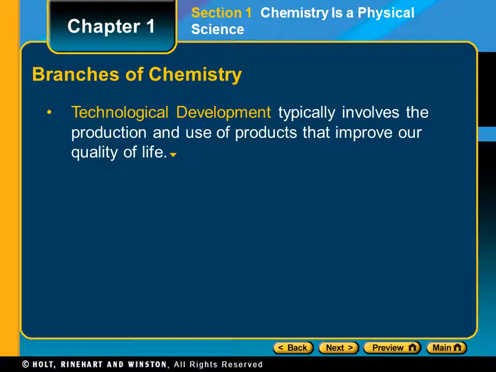And this ultimately leads to technological development, where we have the production and use of products that improve our quality of life. But that production and use of those products comes from the general and then the applied research that allows us to then move those new substances into manufacturing. So computers would be an example of technological development that comes out of chemical research.